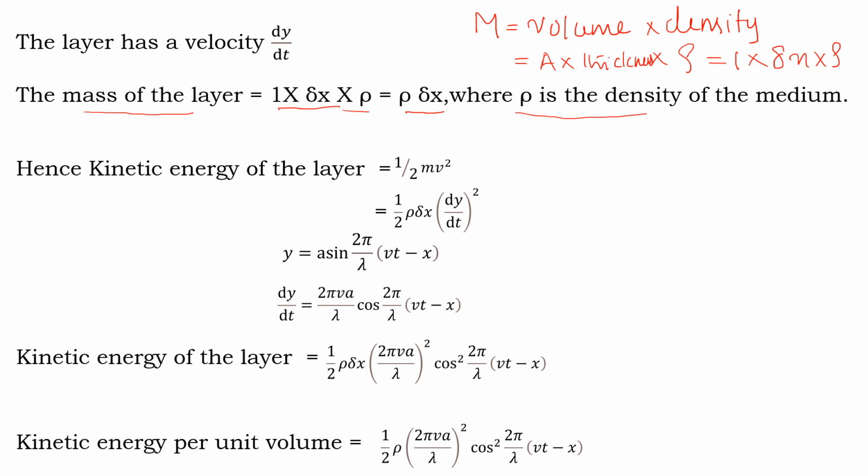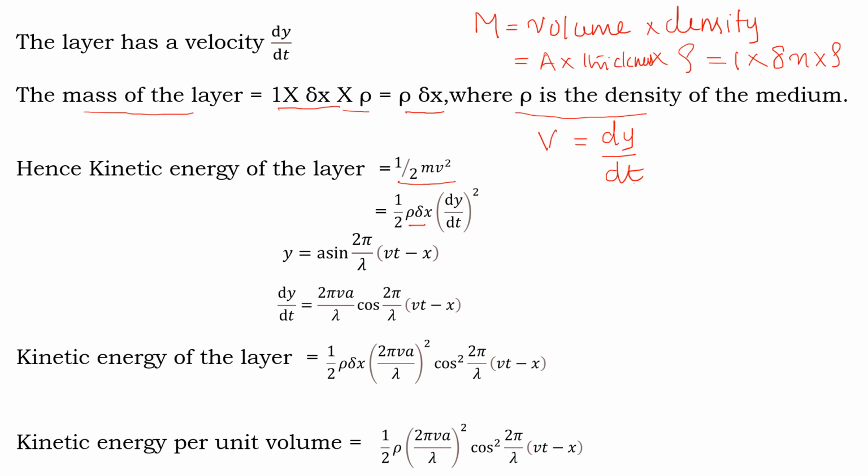Then the kinetic energy of the layer is equal to half mv square. But mass is given as rho delta x, and velocity is dy by dt. Velocity of the layer is dy by dt, and y is the displacement of the layer.